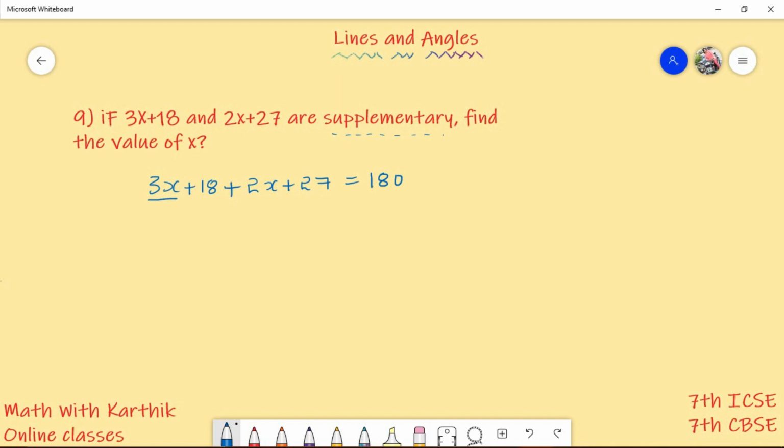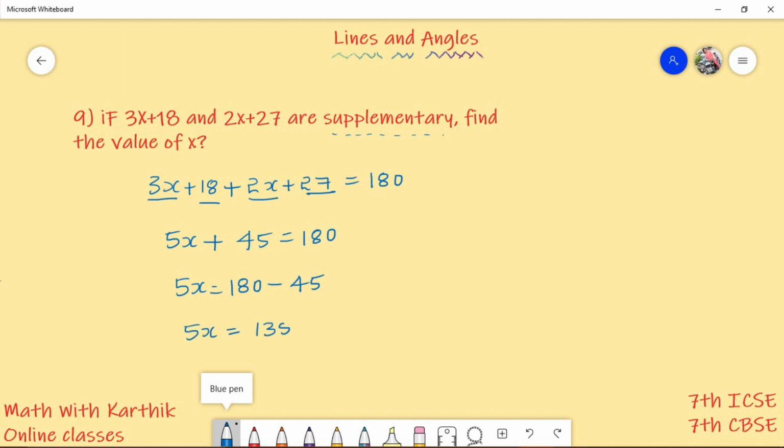Now 3x plus 2x will be 5x. 18 plus 27 will be 45, equal to 180. 5x will be equal to 180 minus 45. So 5x will be equal to 135. x will be equal to 135 divided by 5. 5 times 2 is 10, 5 times 7 is 35. So x will be equal to 27 degree.